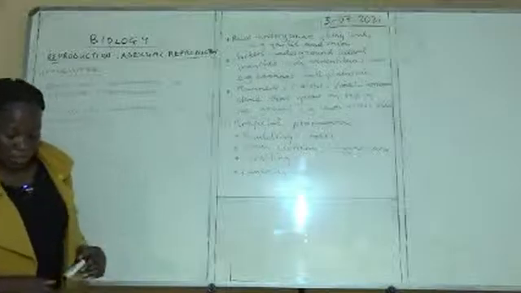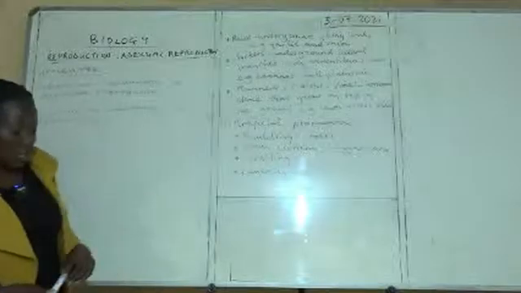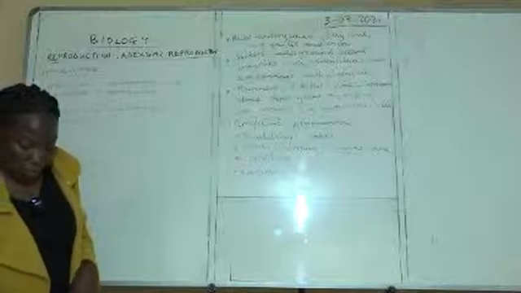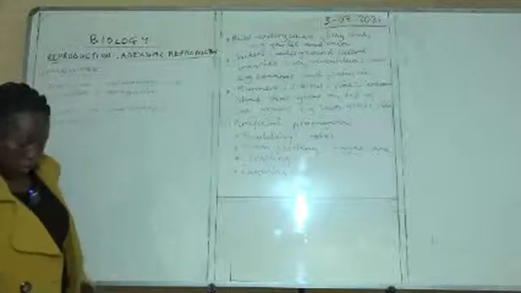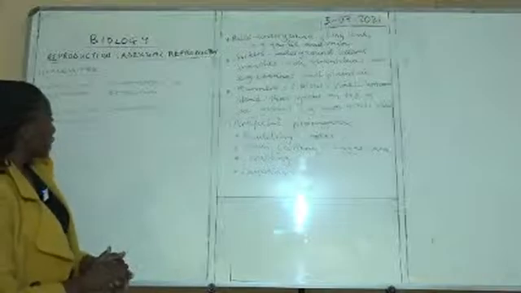Number 1, discuss 4 advantages of vegetative propagation. Number 2, explain the importance of reproduction.